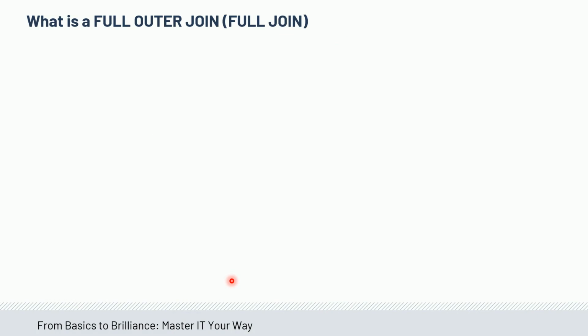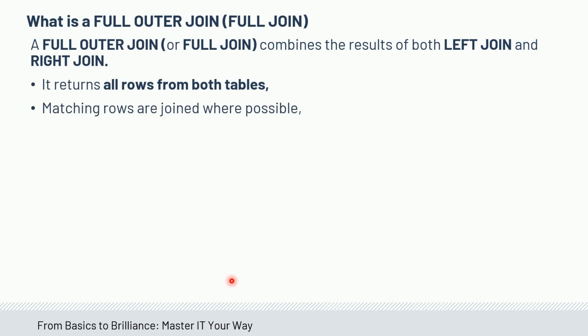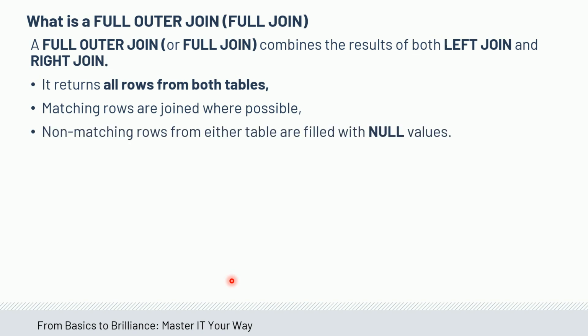So what then is a full outer join? A full outer join, or full join, combines the result of both left join and right join. It returns all rows from both tables, that is one. Matching rows are joined where possible, and non-matching rows from either table are filled with null values.